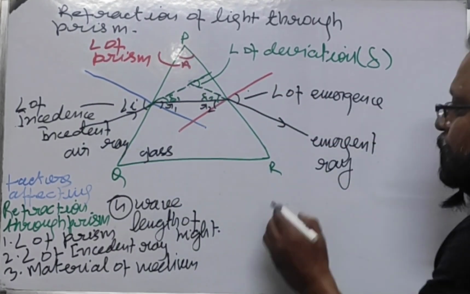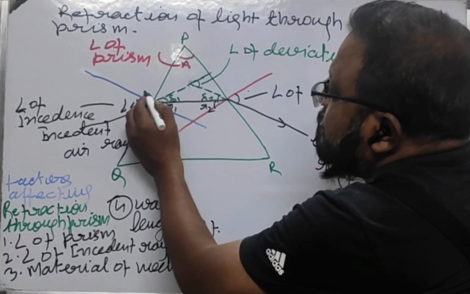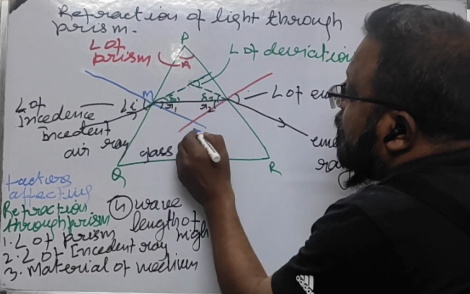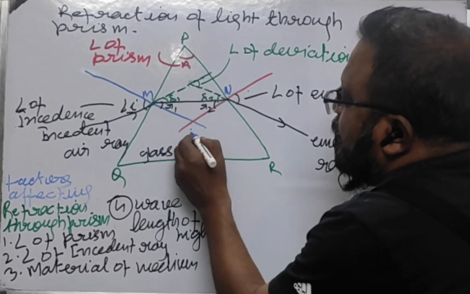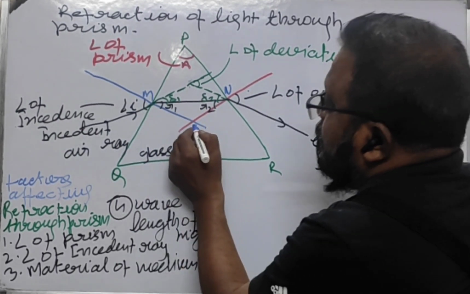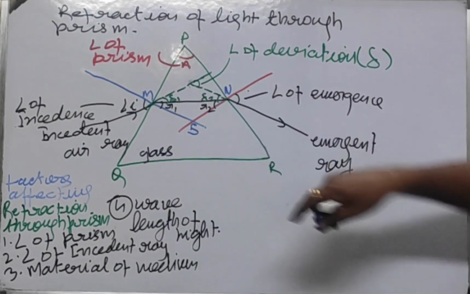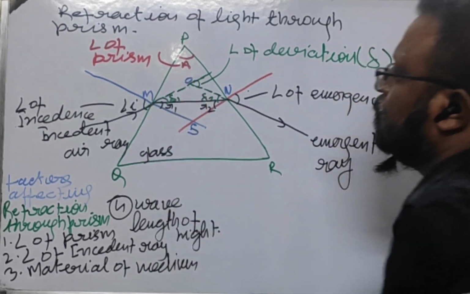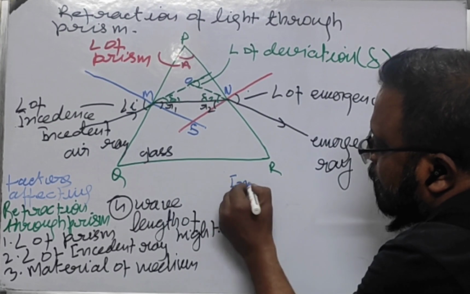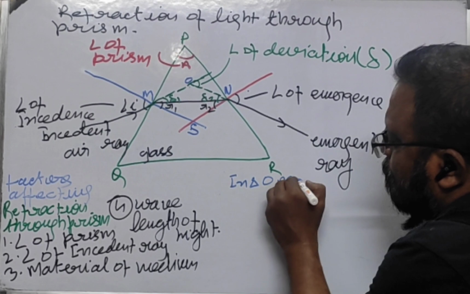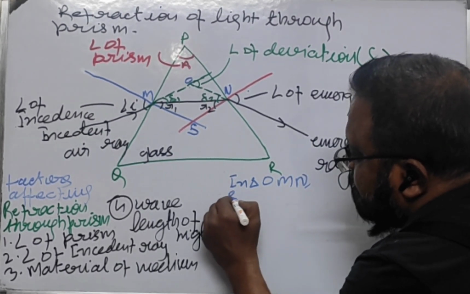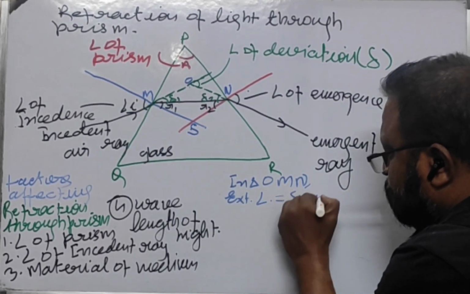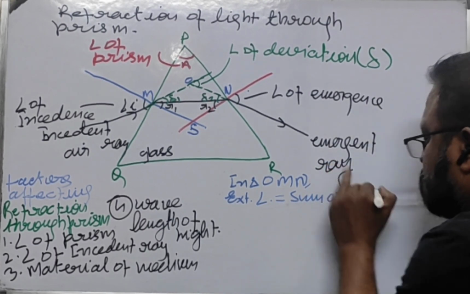You have studied this. Say this is M, this is N, and this is S, and this we call O. So we can write, in triangle OMN, the exterior angle is equal to the sum of the opposite interior angles.